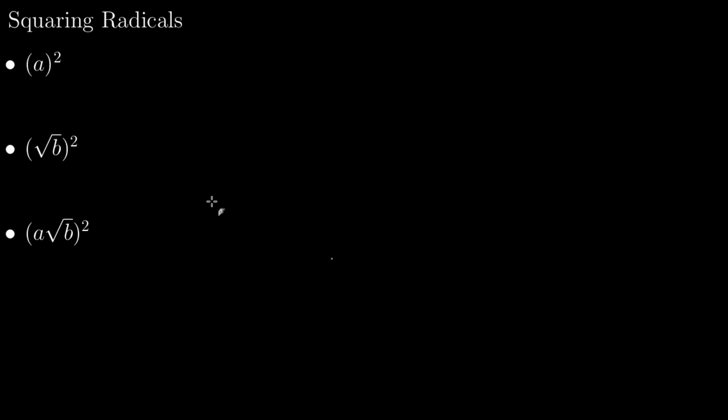So we've dealt with an integer or a real number squared before, and we know that if I have a squared, that just means a times a. So, for example, if I had 3 squared, that would be 3 times 3, which would be 9.